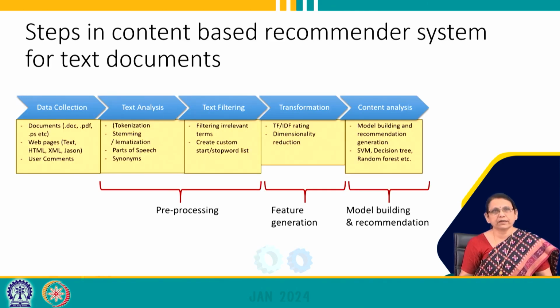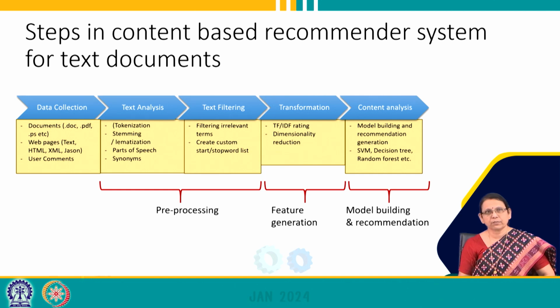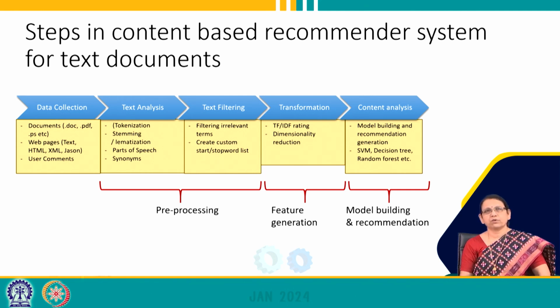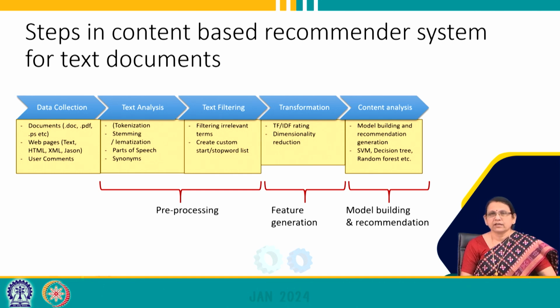So, these are the typical steps in a content based recommender system for text documents. What are the steps? Data collection. Let us say you are trying to build a movie recommender system. What is the source from which you will be collecting the data? You have a rating matrix, let us say from MovieLens, and you would like to get item details from, let us say, IMDb.